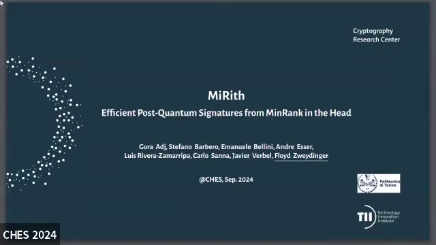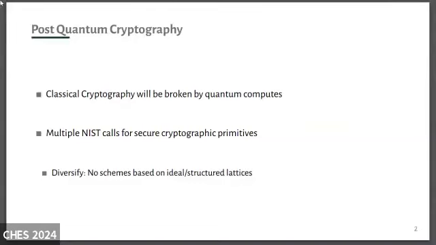Let's directly start. As you probably all know, all currently deployed public key cryptography will be broken by large enough quantum computers. So there's an urge to replace those schemes with something new. That's why there are currently multiple ongoing NIST calls for new cryptographic primitives, for KEMs, for signatures, but also for lightweight symmetric encryption.